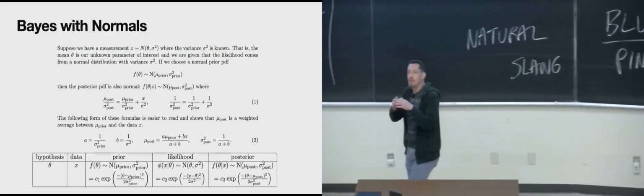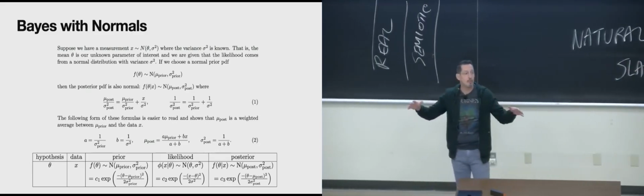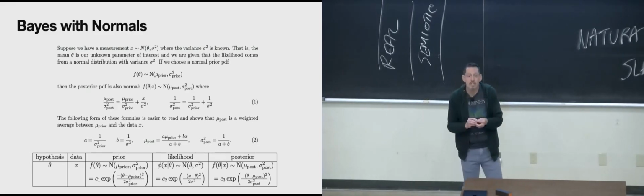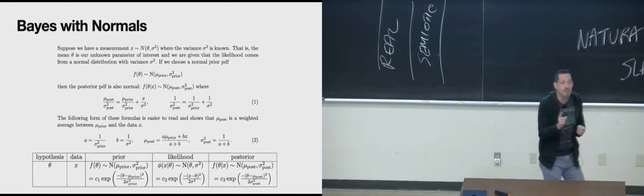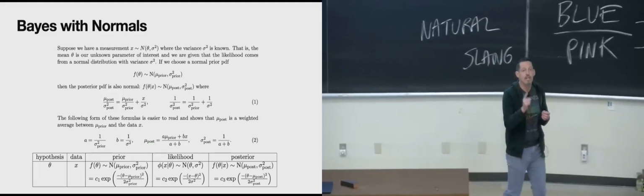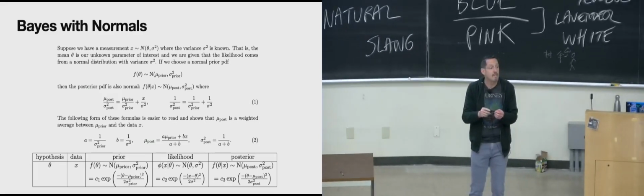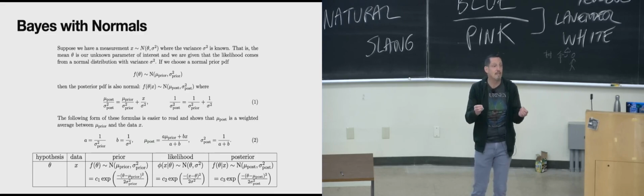So we have a distribution of potential means. When I update a standard deviation here, I am not updating the standard deviation of the distribution. I'm updating the standard deviation of our belief of the mean. We're trying to estimate the mean.